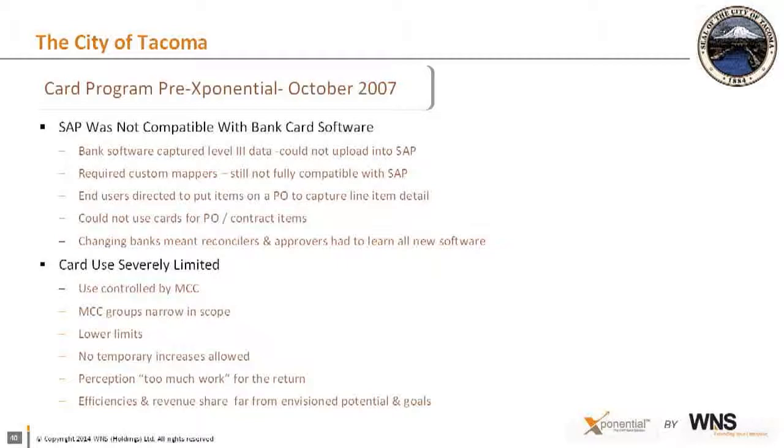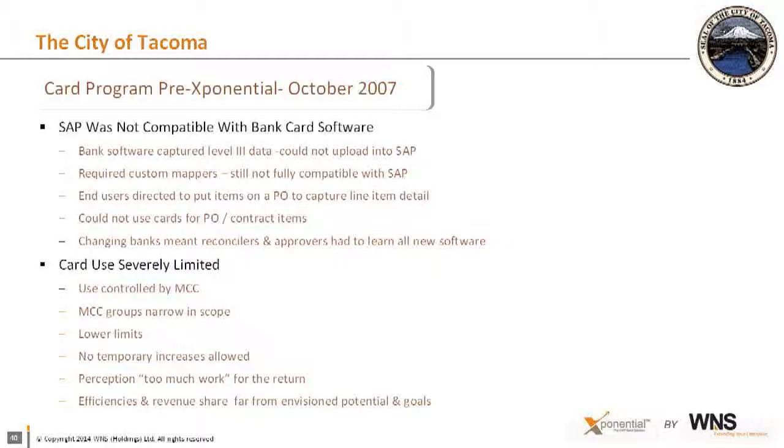And then some policies were written to restrict card use to the most basic small purchases. It was realized at that time that unless we could find some sort of an integrated product that would overcome these obstacles and play nice with SAP, our program would never reach its potential. We severely limited the NCC.